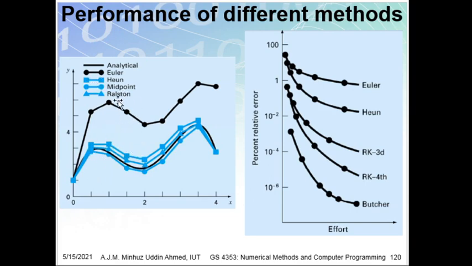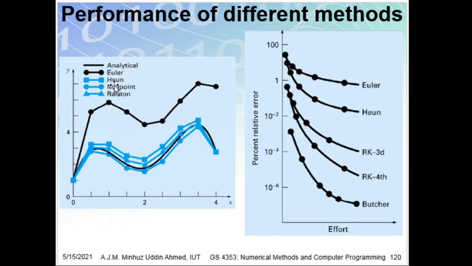The true solution, the analytical solution, is given with the totally black curve, and the Euler method is the worst case in prediction. But based on this Euler method all modifications are done. That's why you cannot neglect this Euler method.